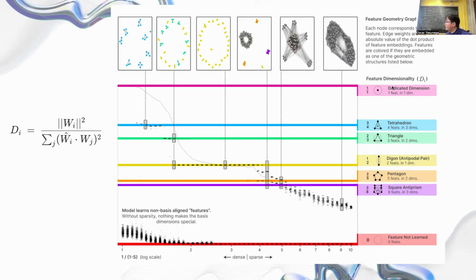But as you increase sparsity, you can see different geometries emerge. The perspective with this tetrahedron is that each of these tetrahedrons lives in its own three-dimensional subspace, and each of these are orthogonal, and then you just project these down into 2D to create this feature geometry.